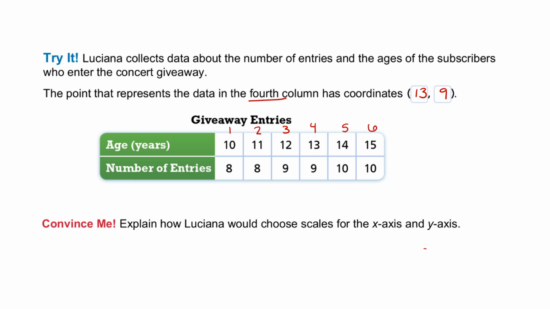Under the convince me, it says explain how Luciana would choose scales for the x and the y-axis. The scales is the values of our numbers. So we would say that our x-axis is the age in years. The age in years goes from 10 all the way to 15.